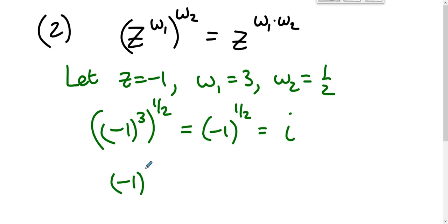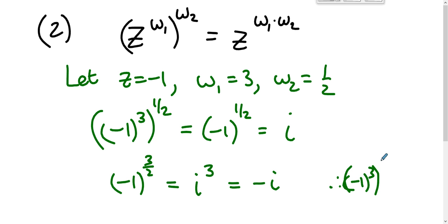So what is negative 1 to the 3/2 power? Well, for negative 1 to the 3/2 power, we take the square root first and then cube, right? That's how this works. They don't match. And so negative 1 to the third to the 1/2 is not the same as negative 1 to the 3/2. Property 2 does not hold if complex numbers are in play.